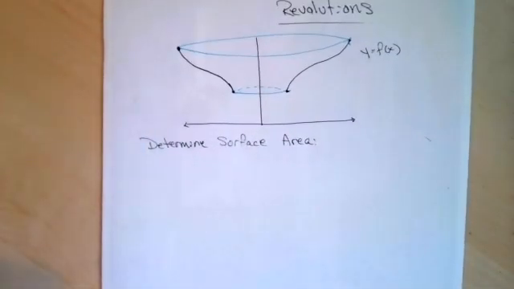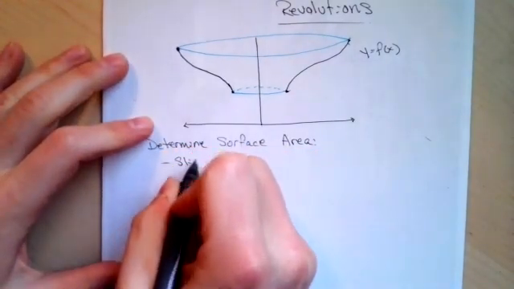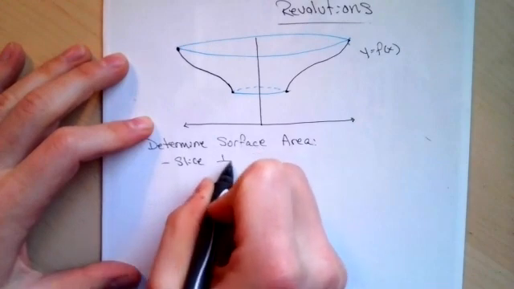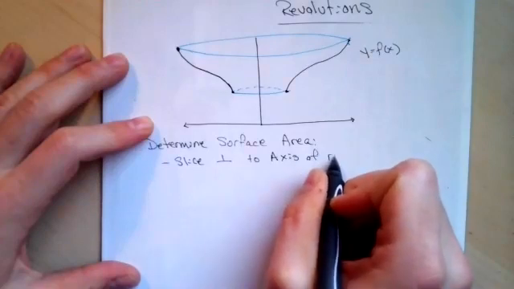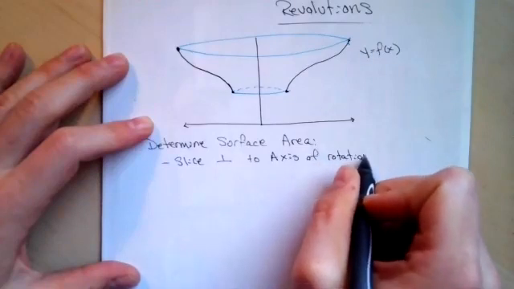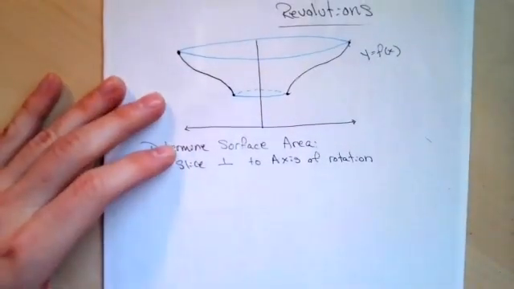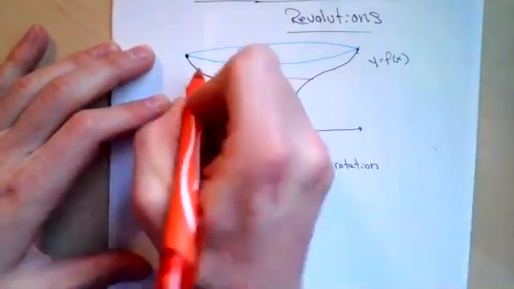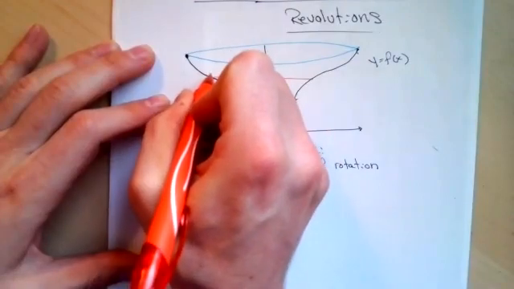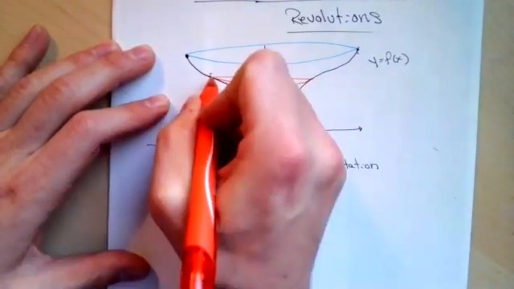So how are we going to do that? We do it similarly to how we did the volumes in some sense. We want to slice it up. And in particular, we're going to slice perpendicular to the axis of rotation. And what are we going to get when we do that? When we slice it up, we're going to get, actually, I should have made this a little curved. We're going to get these ribbons.